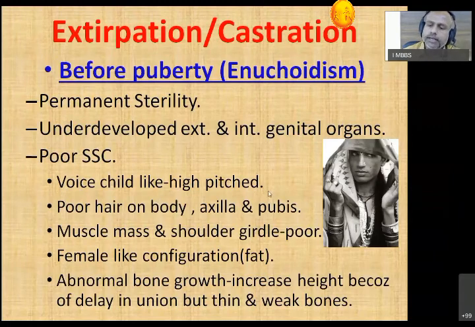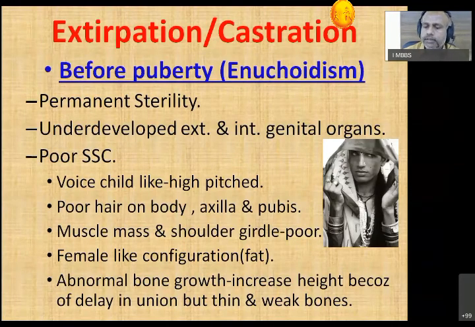The voice remains childlike, high pitched, just like in girls. Poor hair on the body, just like on a girl's body. Muscle mass and shoulder girdle are poor, just like females. Female-like configuration and deposition of fat, as no testosterone hormone will be there.